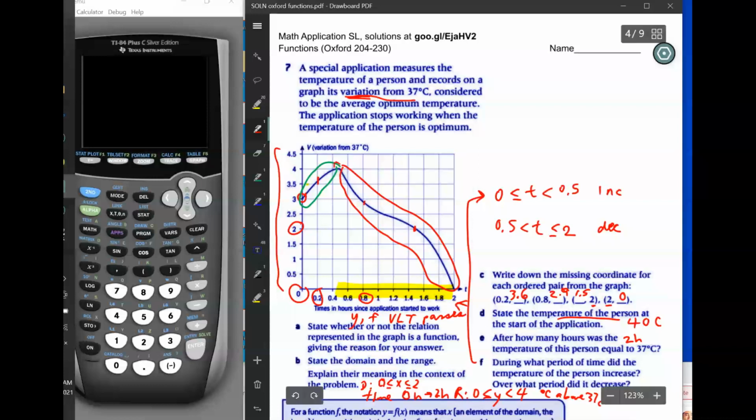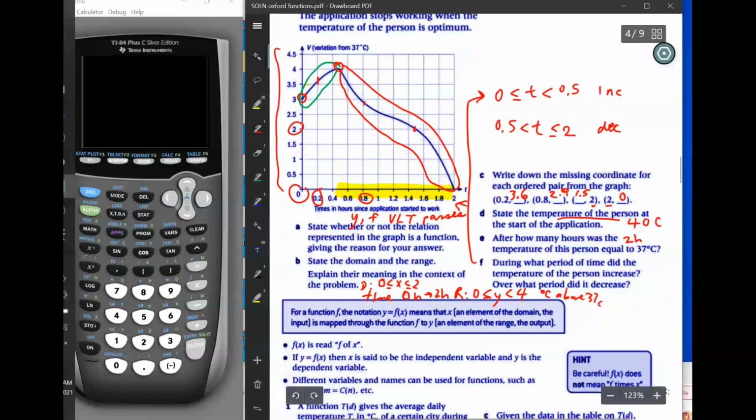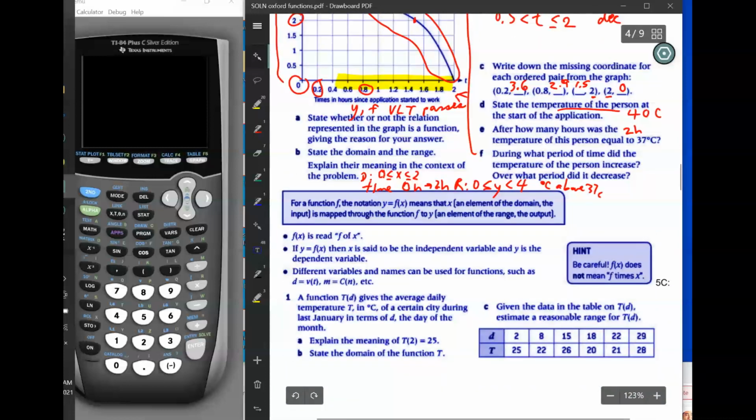Theoretically, we're going to talk about this later in the calculus unit, but when you get to the point t equals 0.5, you are momentarily neither increasing nor decreasing. You're kind of at a 0 point. So you don't have to include 0.5, but that won't be counted wrong on the exam. Okay. During which period of time did... we already talked about that, so we're done with that one.